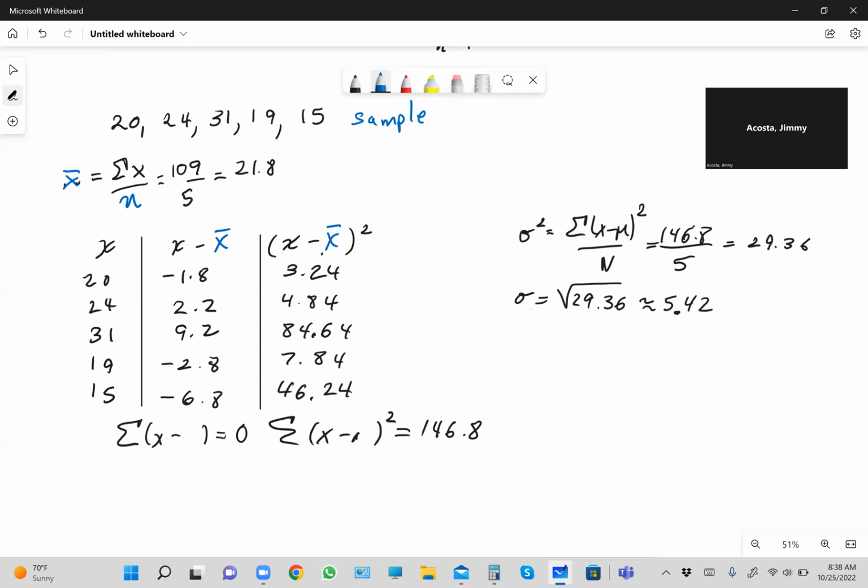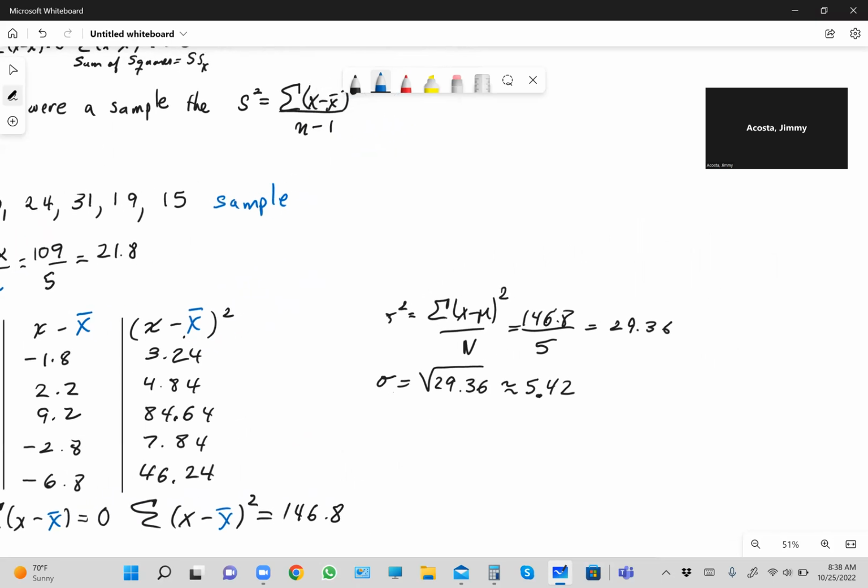Everything stays the same so far. We just change the symbol, the notation. Now here, instead of sigma, we have an S. But now this part changes. It's not n, it's n minus 1. So this is divided by 4 instead.